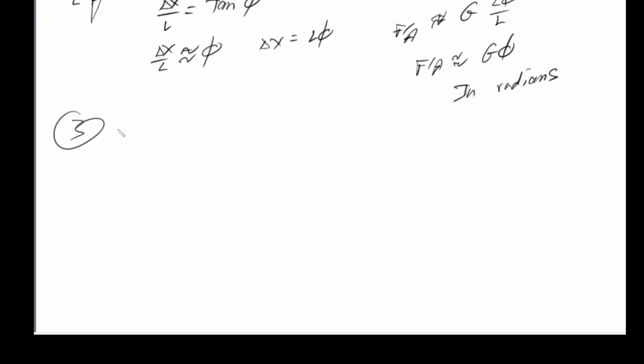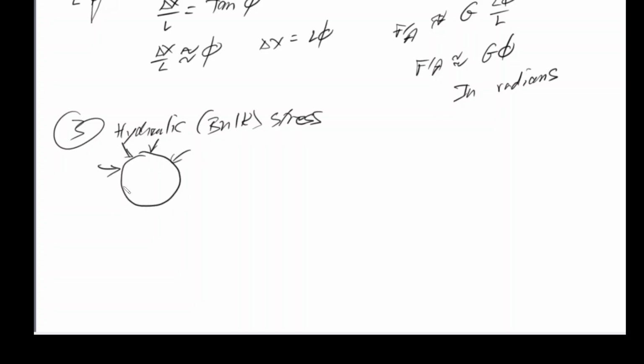Our third type of stress is hydraulic, also called bulk stress. That is where you have an object and you have pressure on that object all around, and that causes the volume to shrink.